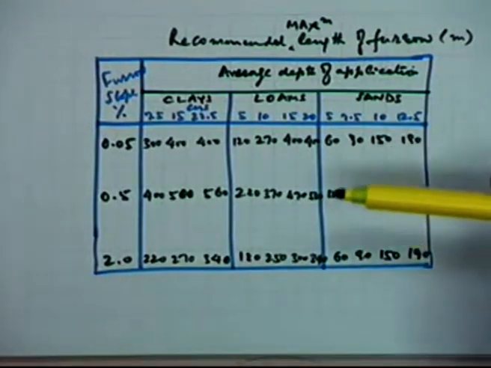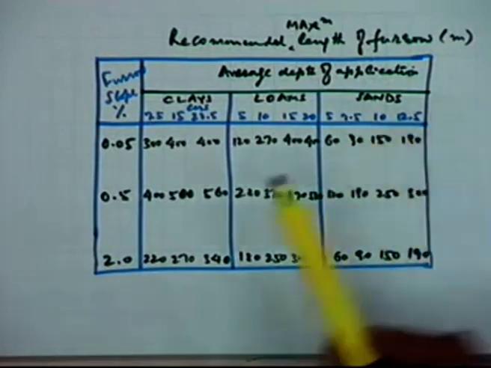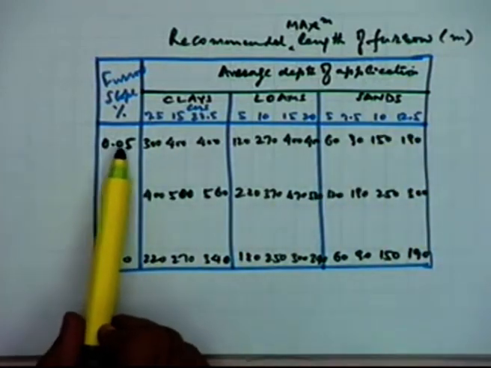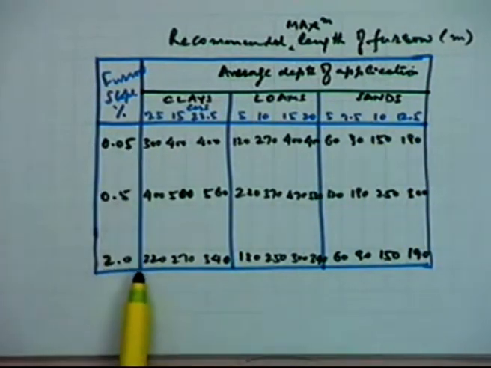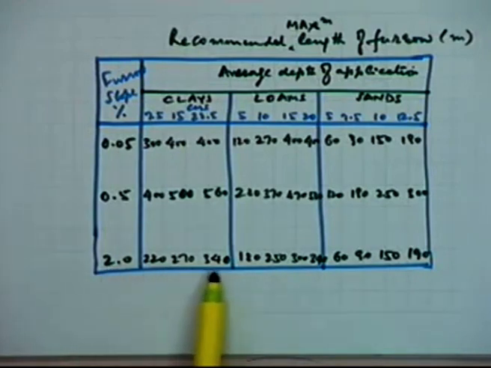Within the same soil, from 0.05 to 0.5 to 2%, it increased first and again reduced. Now this reduction is on account of the erosion problems.